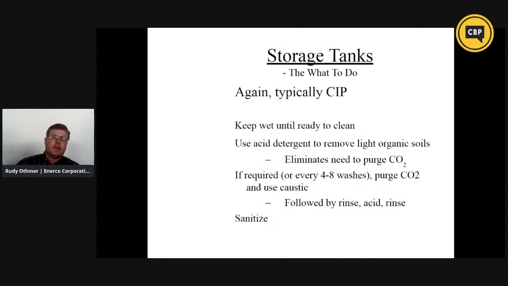They won't do a thing for you in the brew house, but you can frequently skip the alkaline CIP and rinse for your storage tanks if you're utilizing an acid detergent.